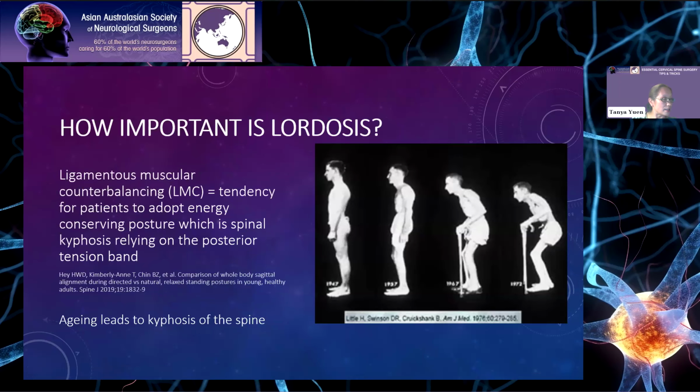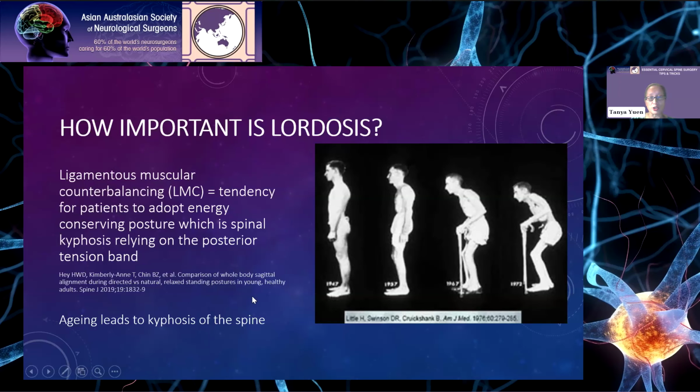So here you can see an accelerated view of the aging kyphotic spine in a patient who happened to have ankylosing spondylitis. There's a tendency for us to, as we get older, adopt an energy-conserving posture, and that's slumping, and that then leads to kyphosis of the spine because you then rely on this posterior tension band in the spine, which is the interspinous ligaments, the facet joints, etc., in the back part of the spine.